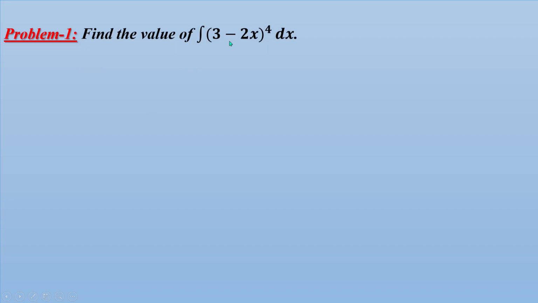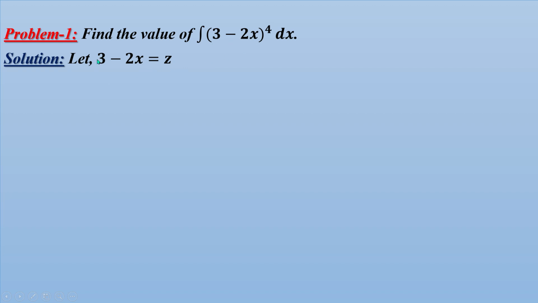Now follow. Problem 1: find the value of the integration of 3 minus 2x to the power 4 dx. Here this part is not only x, so for ease of calculation we let 3 minus 2x equal z. That means substitute this equal to z.